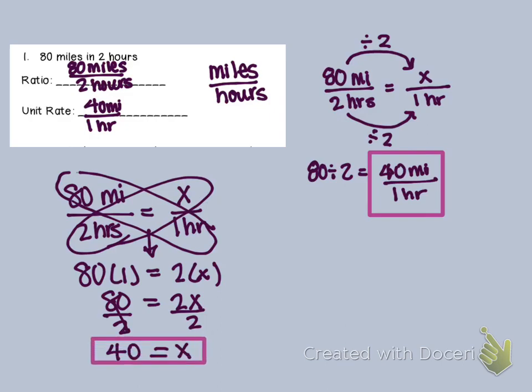So that would be falling into an equation that way. This is probably the way that we will do it most often because it's using our proportion into an equation.